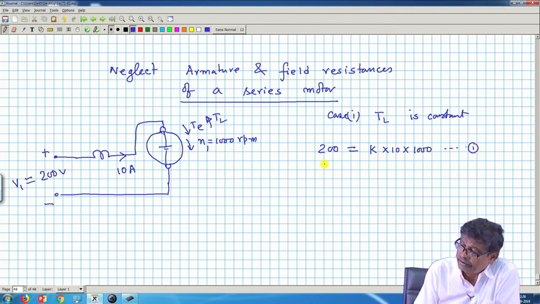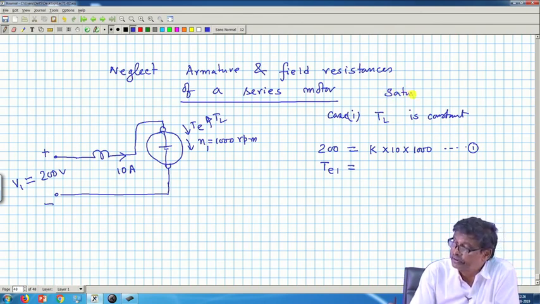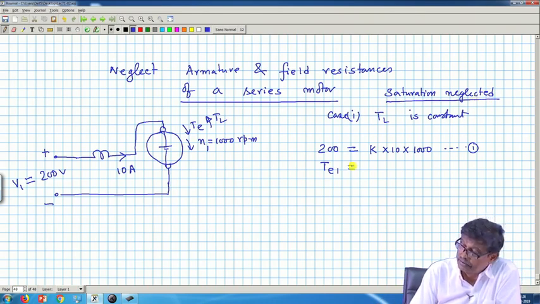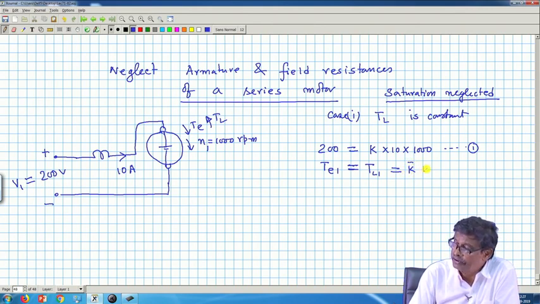And also I will write that electromagnetic torque developed, suppose saturation is neglected, is equal to the load torque T L 1 and which must be equal to some other constant K bar into 10 square.